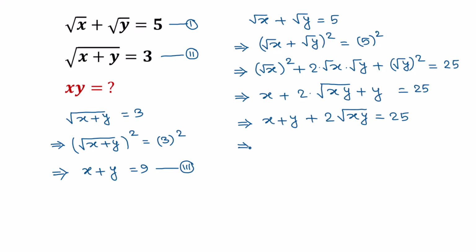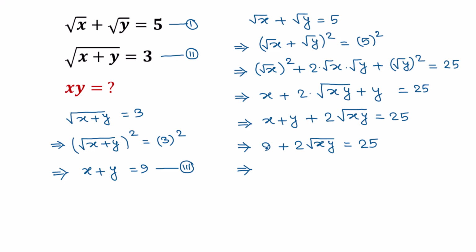Now from equation 3 we have x plus y is equal to 9. So substituting this value here, we can write x plus y, this is 9, plus 2 times square root of xy is equal to 25.